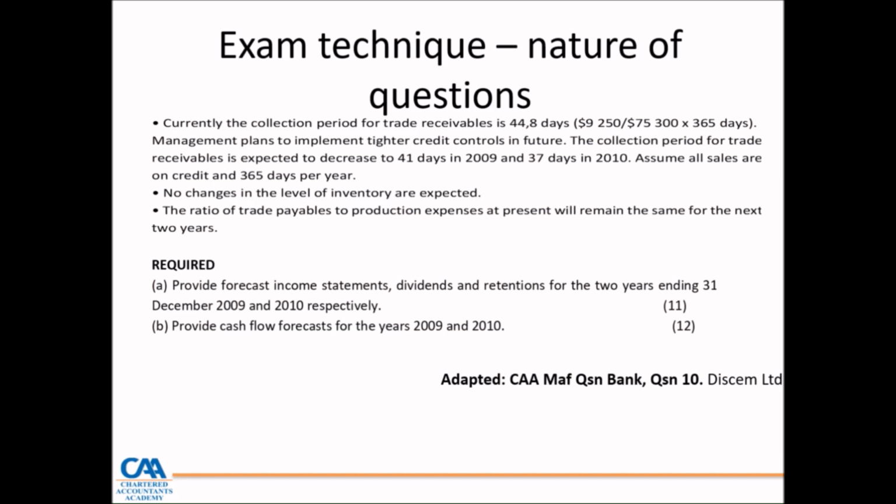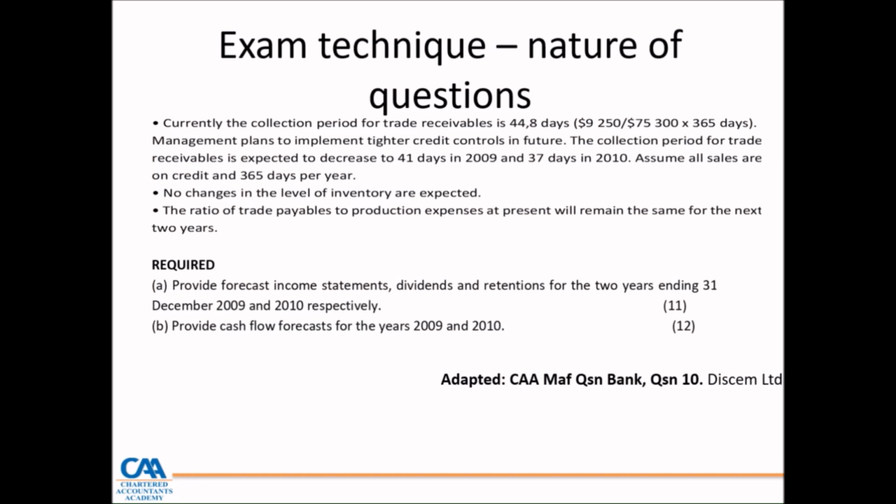You need to understand how trade receivable days are calculated. They divide it like that. And then management plans to implement tighter credit controls in future. The collection period for trade receivables is expected to decrease to 41 days in 2009 and 37 days in 2010.